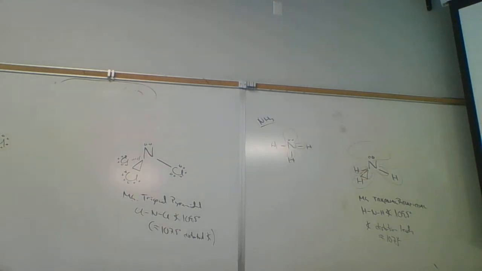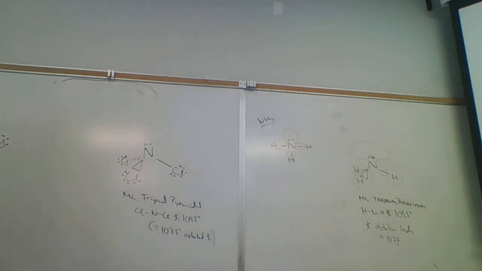What type of bond is that? Is it an ionic bond? Yeah, it's a covalent bond. Is it a non-polar or a polar covalent bond? What do you expect? It's a polar covalent. Which one's more electronegative, chlorine or nitrogen? Actually, this is a bit tricky. Maybe I shouldn't do this one.